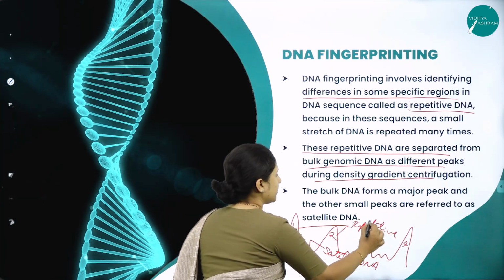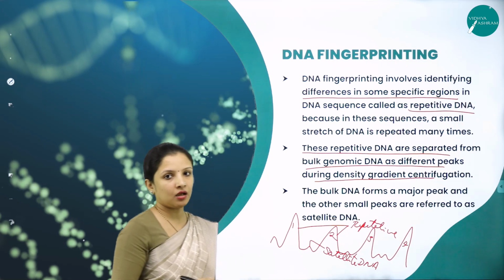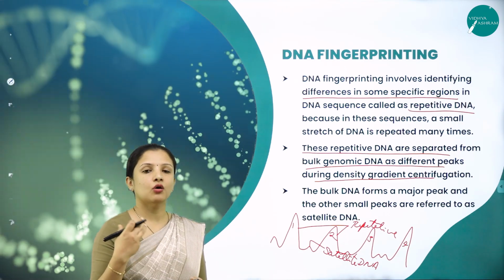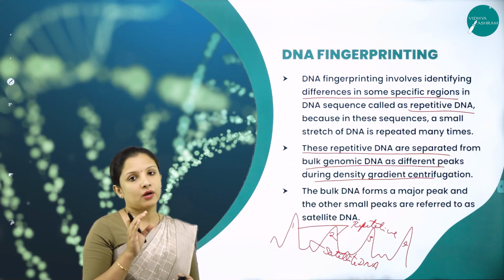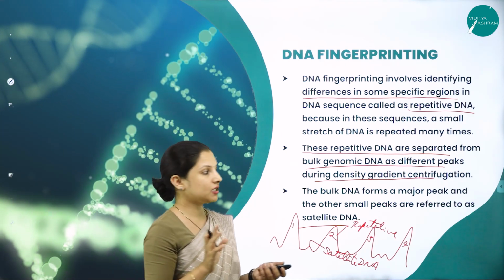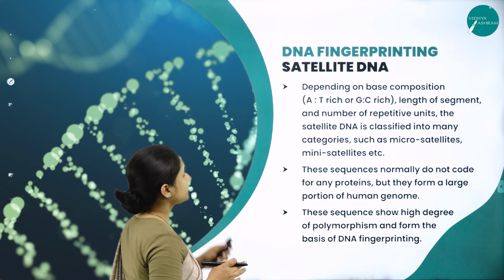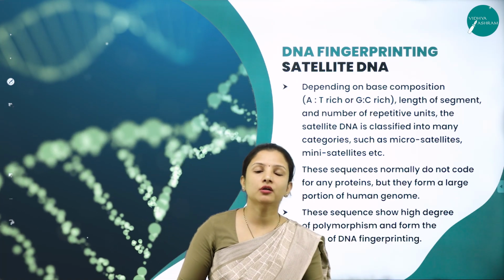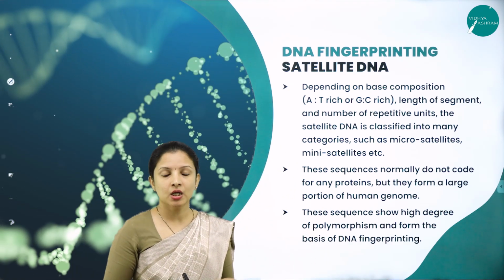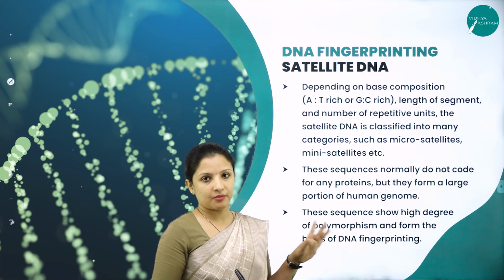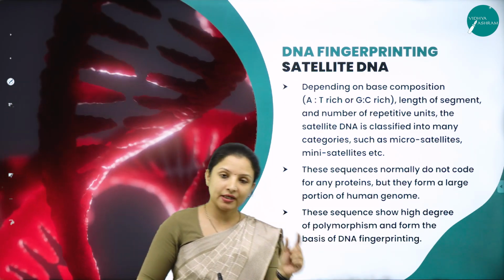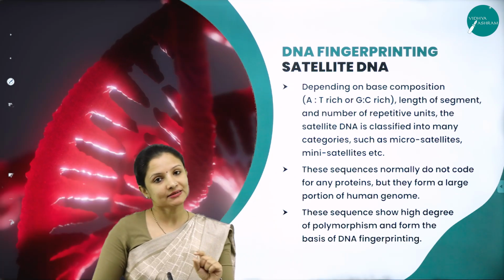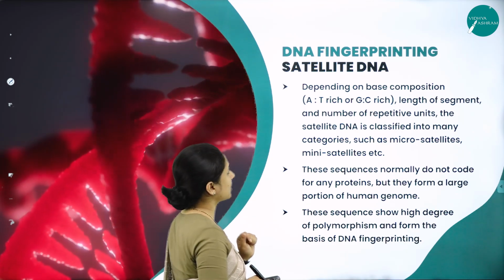And always remember, the number of repetitive sequences in the DNA is unique from one person to another, and it varies from individual to individual. So now you know what repetitive DNA is, and we have learnt about satellite DNA, because in that sequence of DNA, there are repetitive sequences as well as satellite sequences.